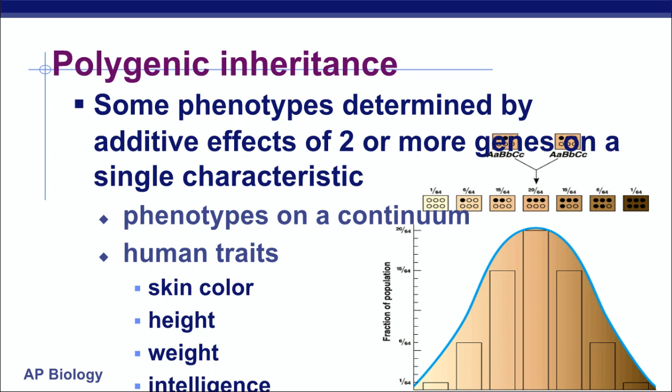Anything that shows a continuation and not discrete separations are probably good indications that they're polygenic traits. Skin color, height, weight, intelligence, and it's just additive. It's how many genes, how many alleles are responsible for that trait, and how many dominant recessive are available for each of those.